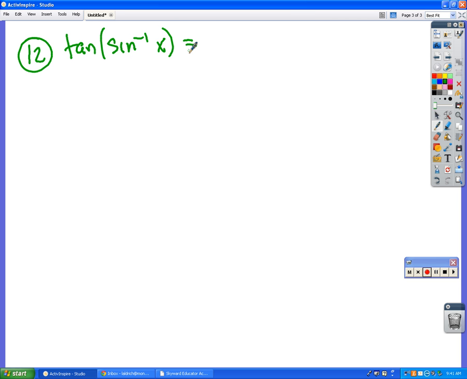Okay, so this is totally different than what we're doing, and it's going to frustrate you. Just go with it. We're going to set that equal to y. So what I'm really trying to do is figure out what the tangent of y is.